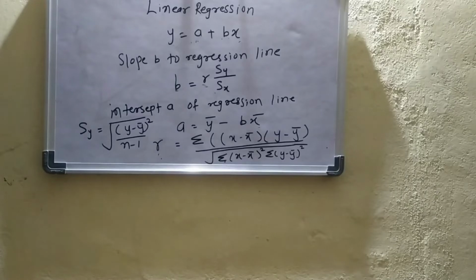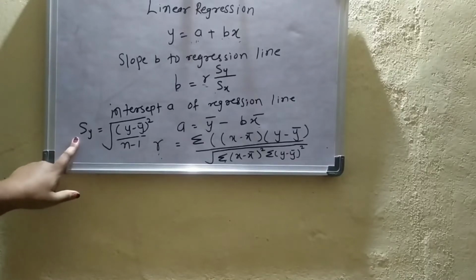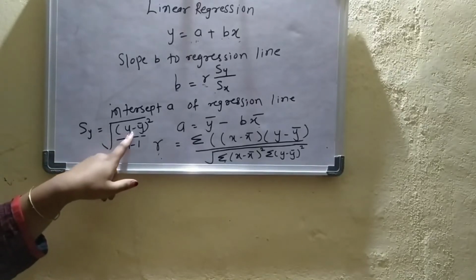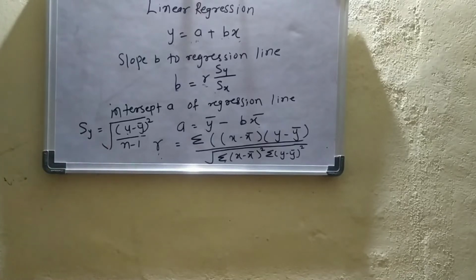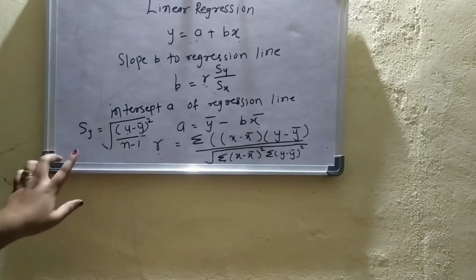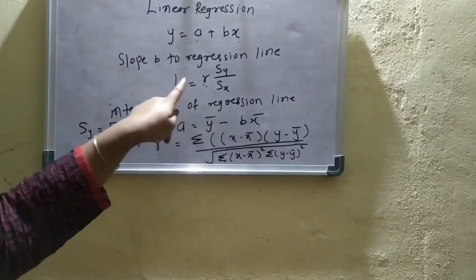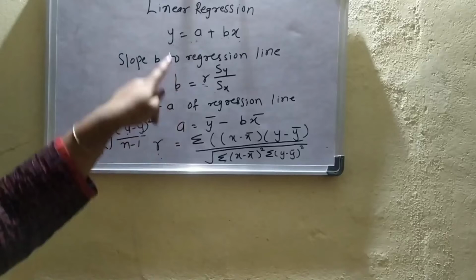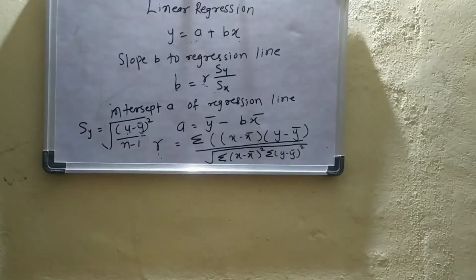If we consider an example with 6 x variables and 6 y variables, the value of n will be 6. Similarly, we can calculate the standard deviation of x, the square root of summation of x minus x bar whole square divided by n minus 1. So we can calculate the standard deviation of y, the standard deviation of x and r, and then put them into the formula and get the value of b. Similarly, we can calculate the value of a. Here y bar and x bar are the means.